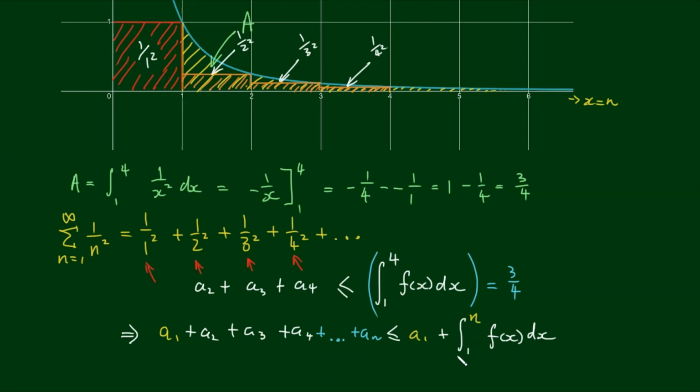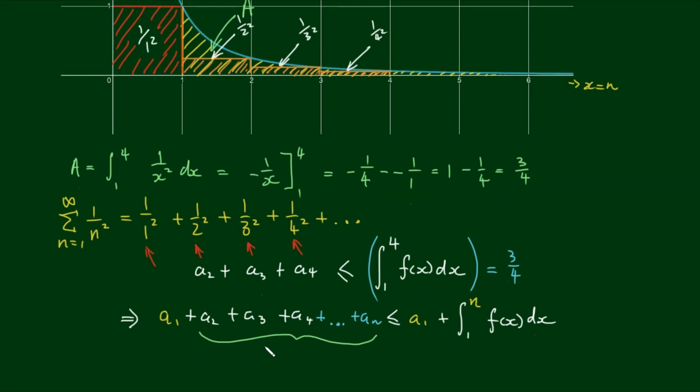This inequality still holds true, because all of the additional rectangles will still have an area less than the area under the curve. And the addition of these terms here, a2 to an, we can write as the sum from i equals 2 to n of 1 on n squared.